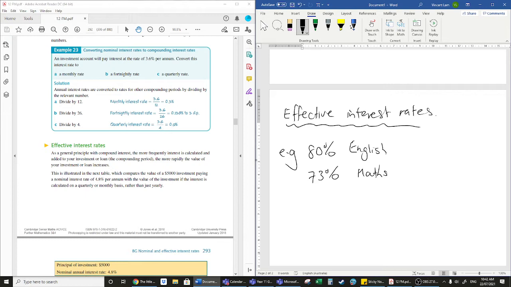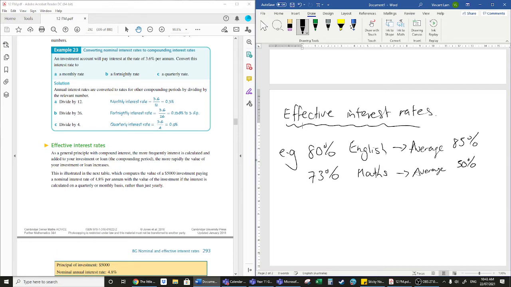But there's a lot of other factors that you kind of need to think about. Maybe the English SAC was easy and everyone got high scores. Then technically your 80% isn't that great. Let's say that the average score for that English test was 85%. And then the maths one, the average was 50%.